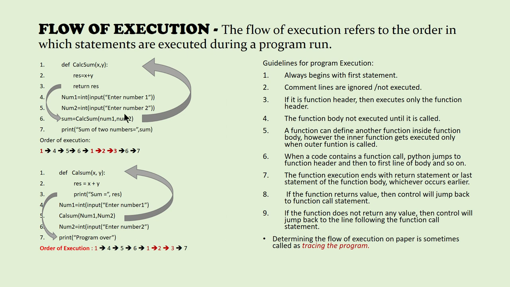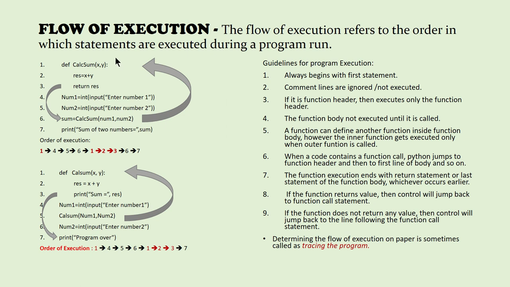Here this particular calcsum should be replaced with the value that has been returned. So after executing the return statement, again it will come back to the sixth statement. While executing the sixth statement, I came to know that there is a function call statement.